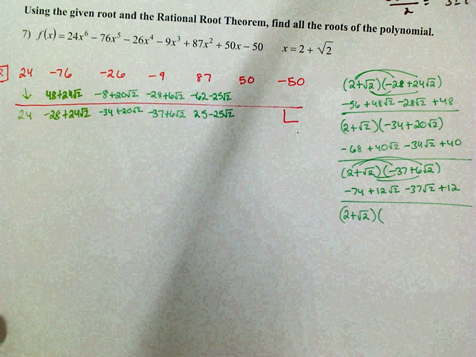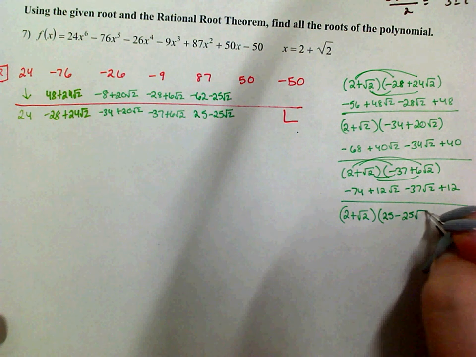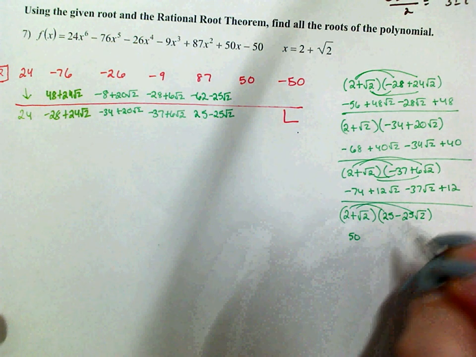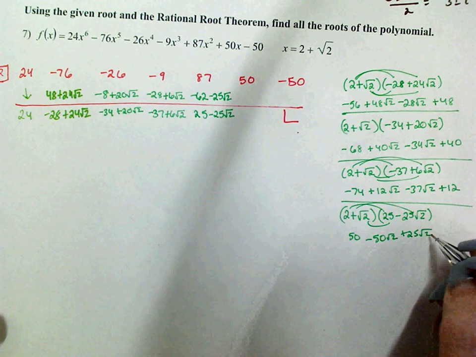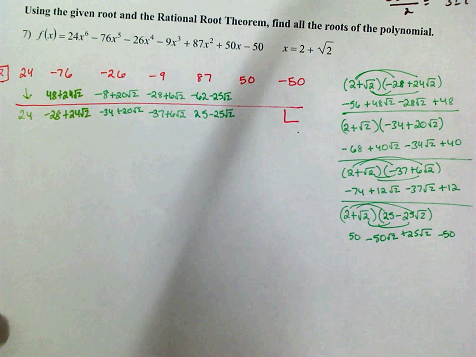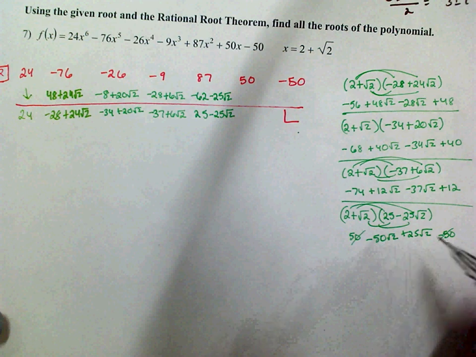So I've got 50 minus 50 square root of 2 plus 25 square root of 2, and then minus 50, which is interesting. So the 50s simplify out, and I'm left with negative 25 square root of 2, which does not combine, so it becomes 50 minus 25 square root of 2.